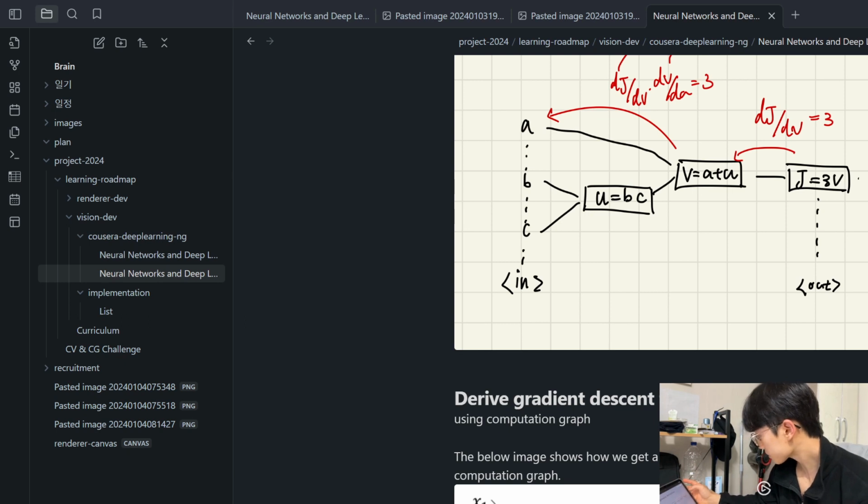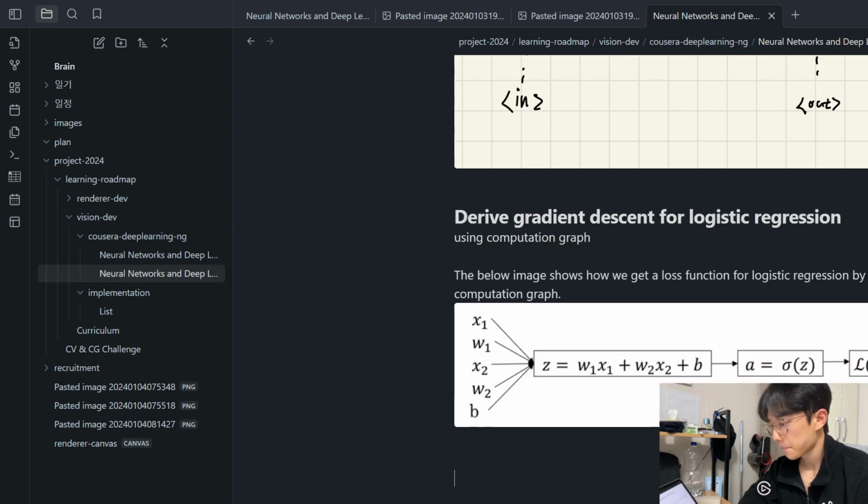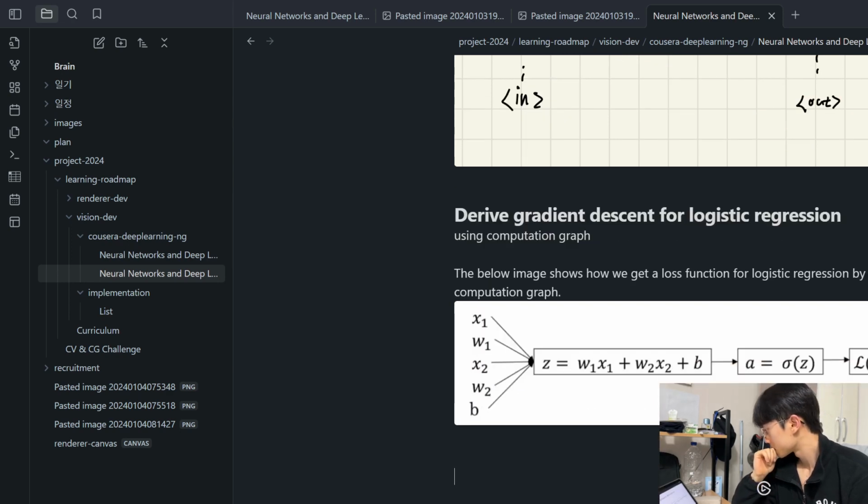With respect to this loss, the first thing we want to do going backwards is to compute the derivative of this loss with respect to this variable a. And so in the code, you just use da to denote this variable.